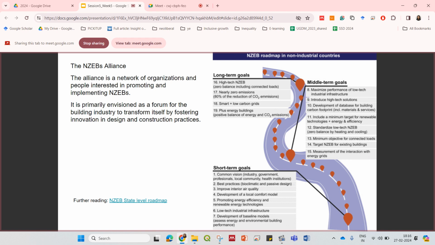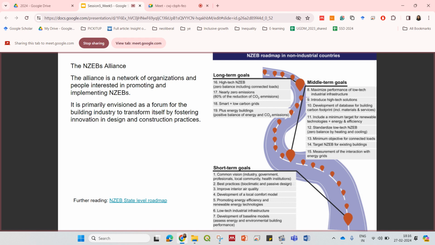Again, that is why it comes under the middle term goals. Then things like including a minimum target for renewable technology and energy efficiency, which a country can focus towards, that also comes as middle term goal. Then standardizing low tech NZDPs. So again, standardizing something also takes a lot of time. So again, that is under middle term.